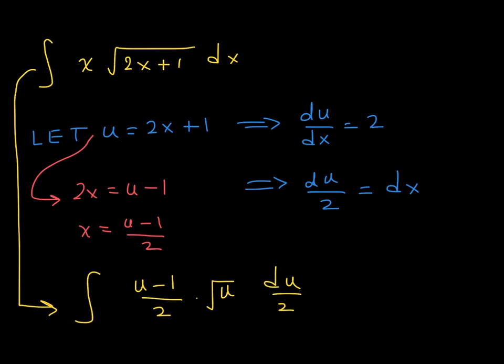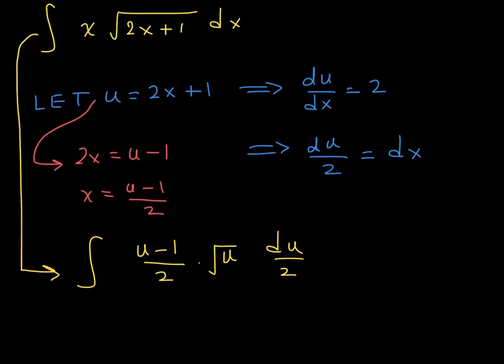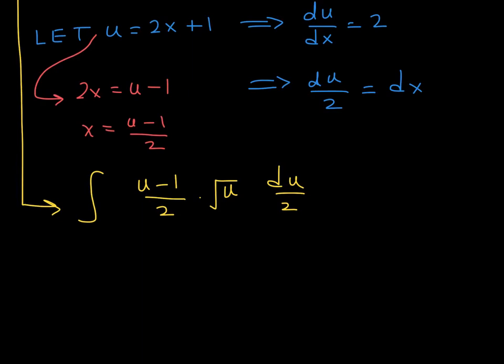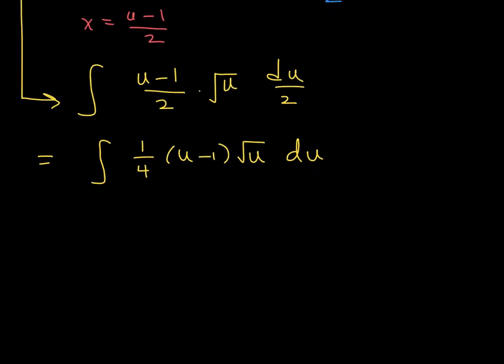All right, so let's simplify this because this looks pretty sloppy. This is equivalent to the integral of 1/4 times u minus 1 times the square root of u du. We can factor out that 1/4. And then we can distribute that square root of u so that you have u to the 3/2 minus u to the 1/2.